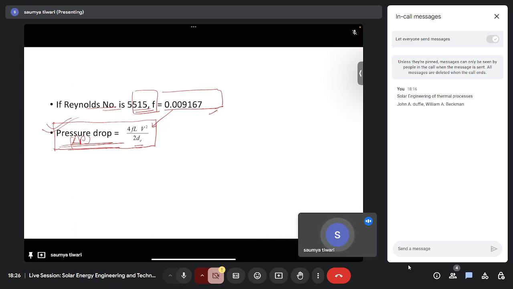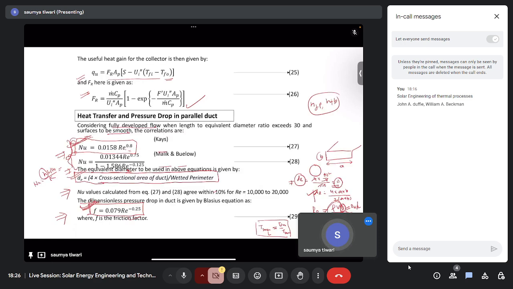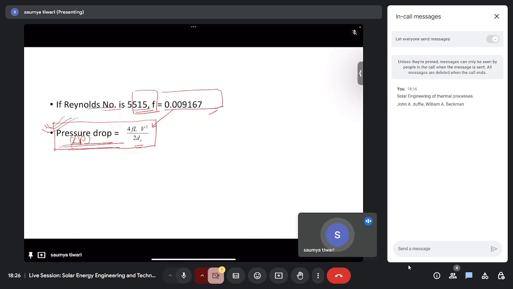If you are from a mechanical background, you are aware of how this all comes into the picture. Basically, you need to remember how to calculate the friction factor and the pressure drop. We will also solve one numerical problem based on all this, based on the derivation we have seen, to understand better how these performance parameters are calculated for a solar air heater in real conditions.